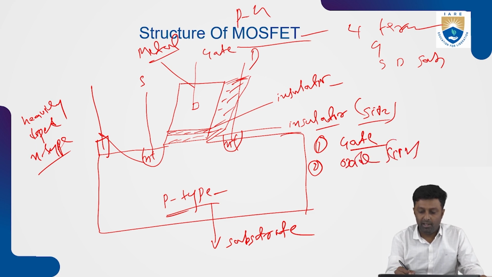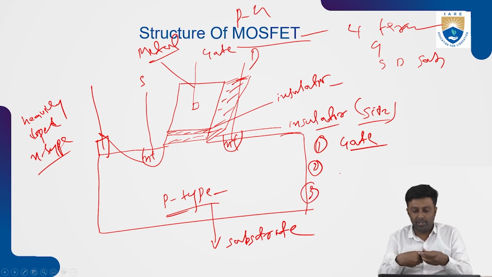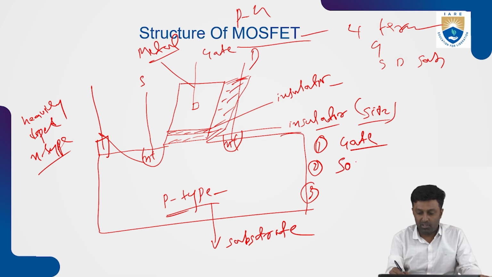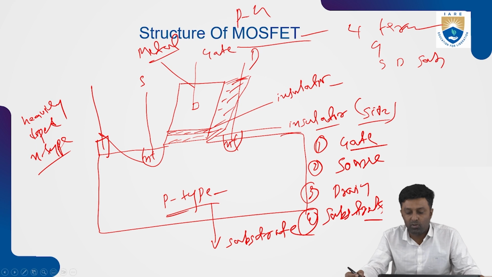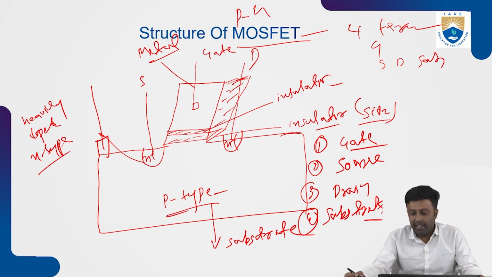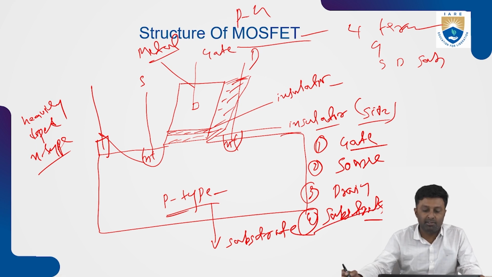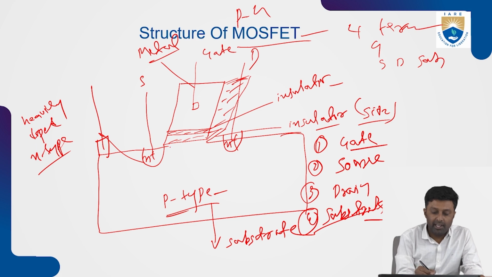The four terminals are the gate, source, drain, and the substrate. Generally we take only source, gate, and drain by name, but it has four terminals. And here we have the oxide thickness, T oxide.